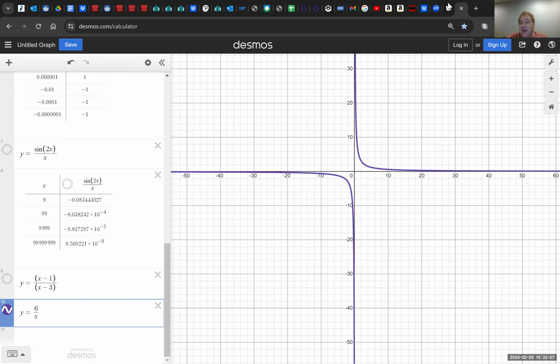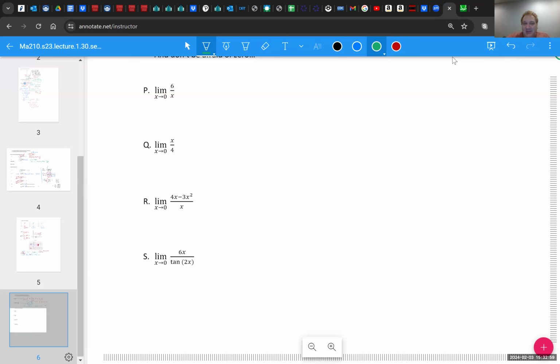Basically, we say it's undefined, but we could be smarter than this. We know this is not defined, so I'll say undefined, but something like plus or minus infinity might be a much more accurate and sophisticated answer, if we look at it in this particular situation, as x is getting closer and closer to 0.